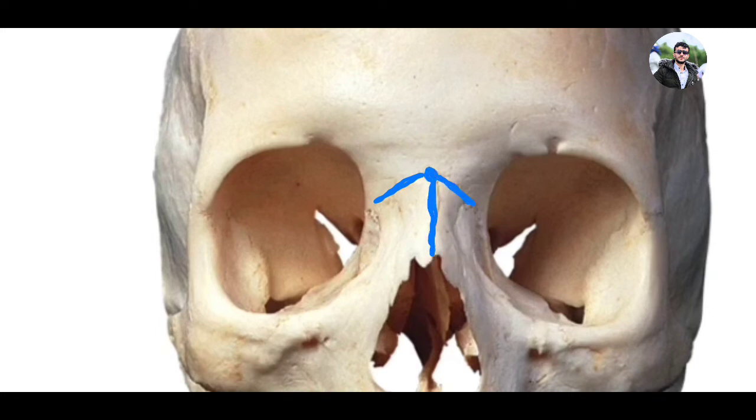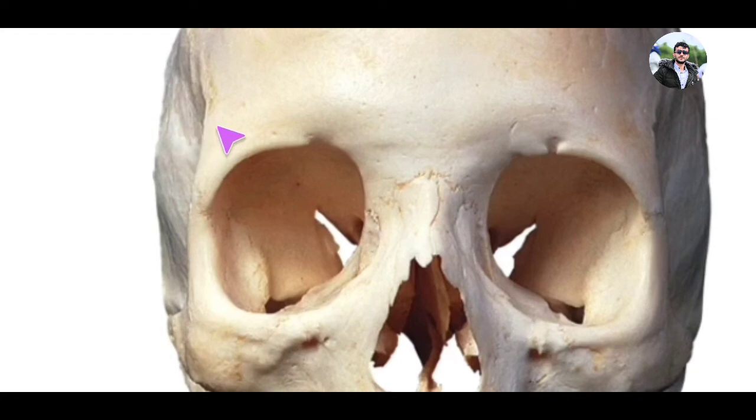Here they form a meeting point called the nasion. So we call it the nasion. It is the point of meeting of two sutures, the frontonasal suture and the internasal suture, and they meet at this point.